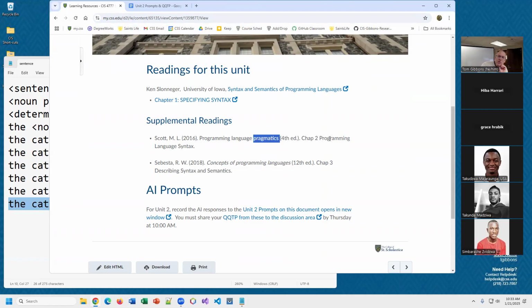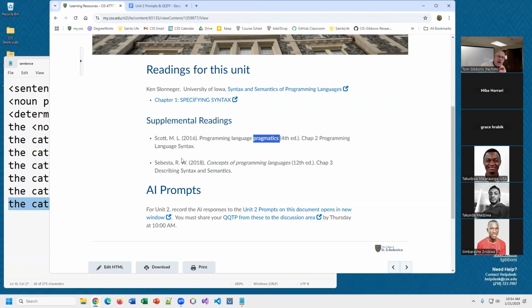His chapter 2 is also on programming language syntax. It's interesting that there's not a great common language or symbols in a lot of these things. Although he uses BNF form, he really doesn't talk about what it is exactly. He just uses production rules.